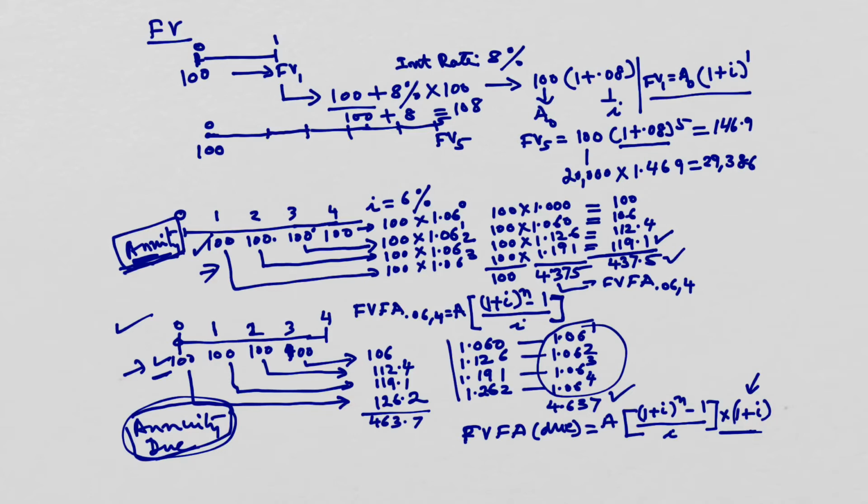In the same way, you will calculate your future value as you did here. And similarly, these factors will also be calculated in the same way. So really speaking, if you want to write it in the form of a formula, what you have is future value at the end of n years.